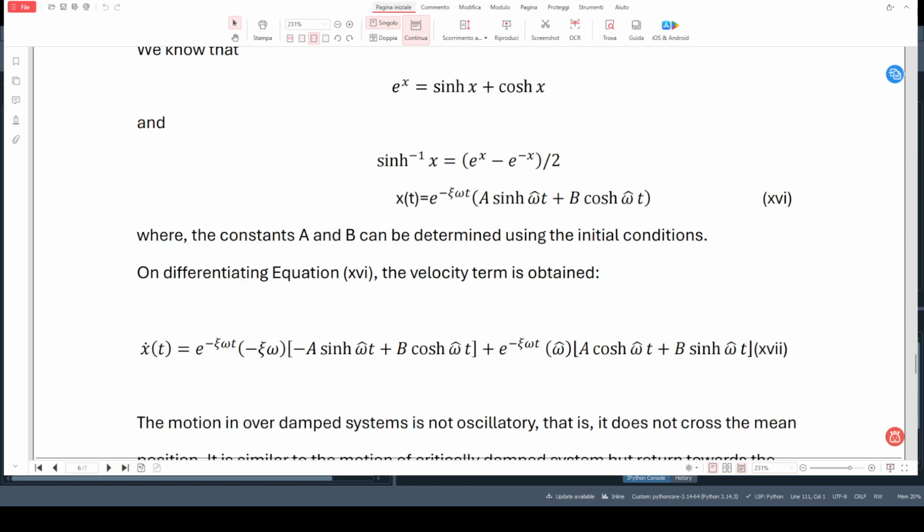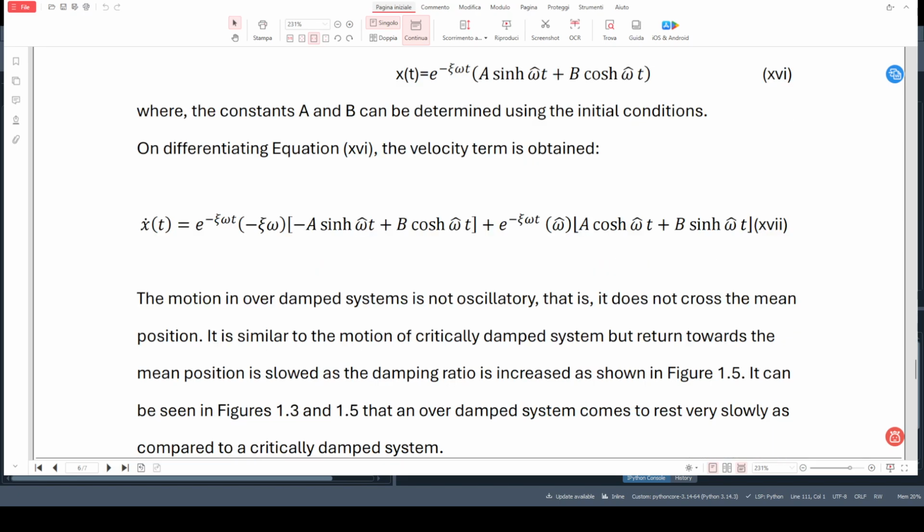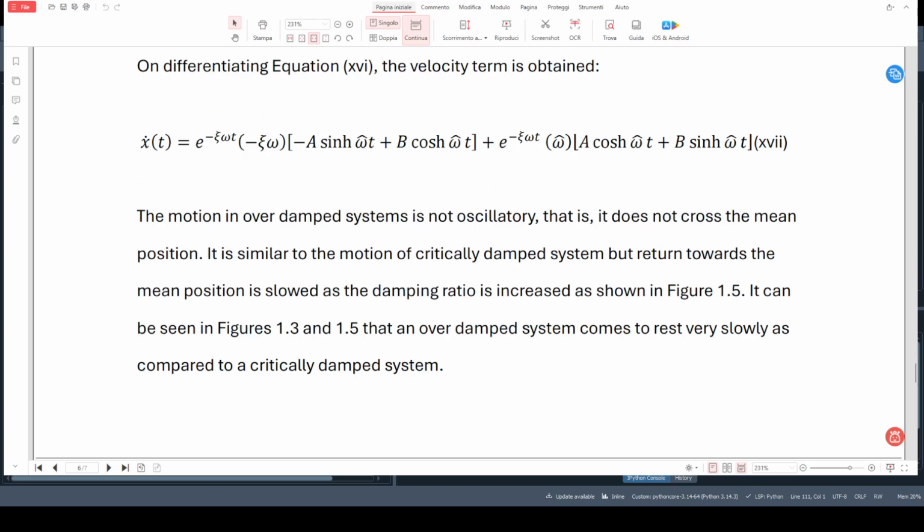Differentiating the displacement equation in function of the time, we obtain the velocity term. So the velocity is equal to this equation.